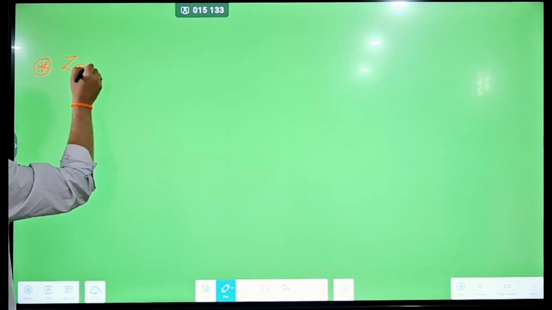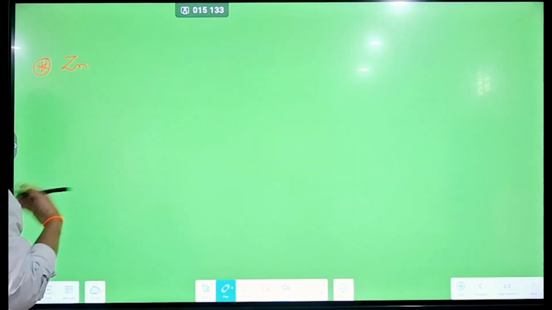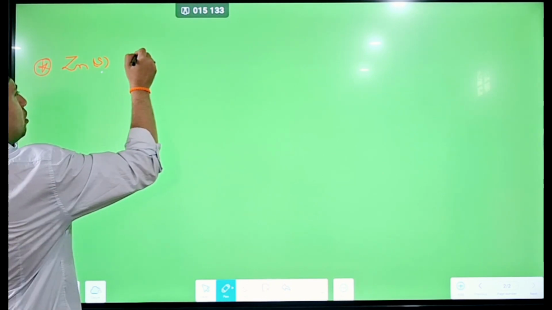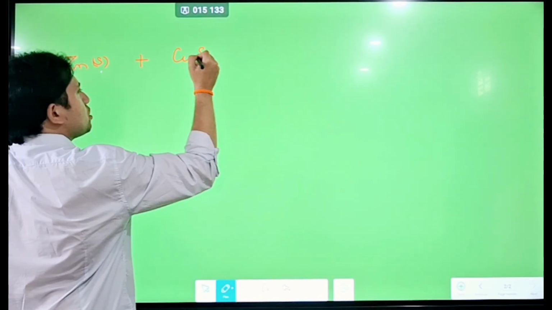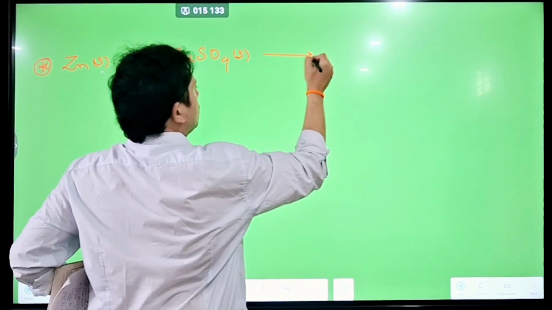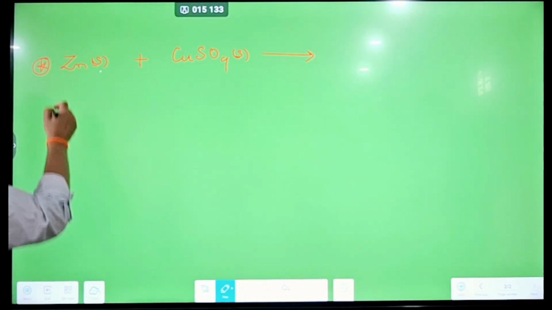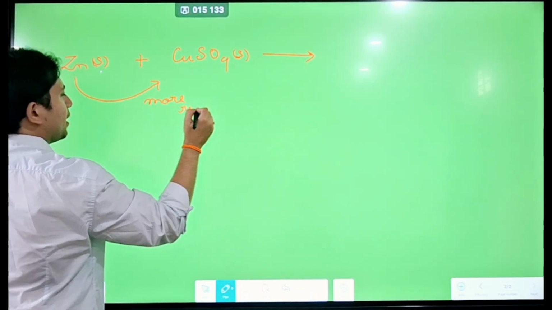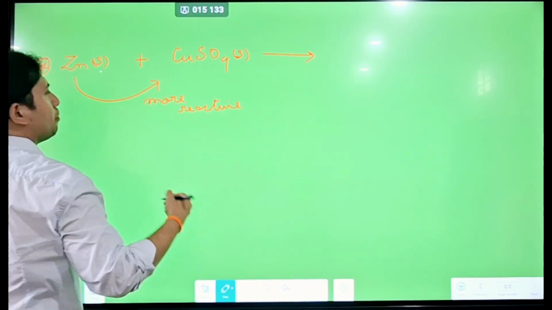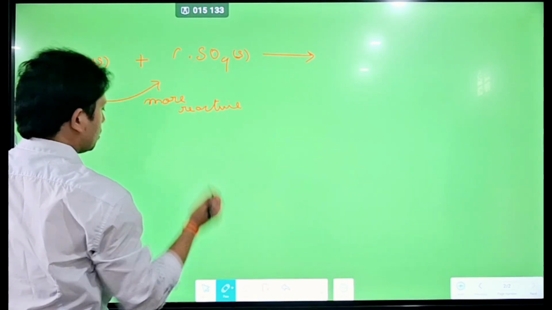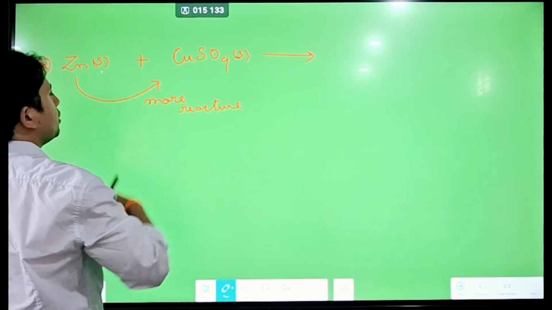Let us take zinc this time instead of iron. So zinc plus CuSO4, again this is aqueous. Now in this reaction zinc again is more reactive compared to copper.